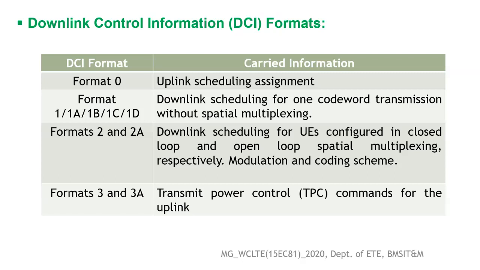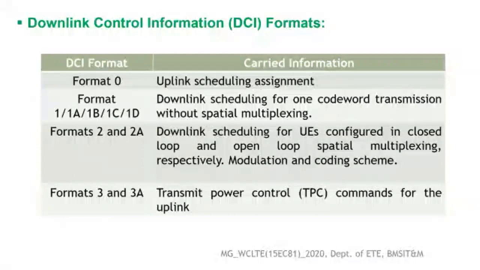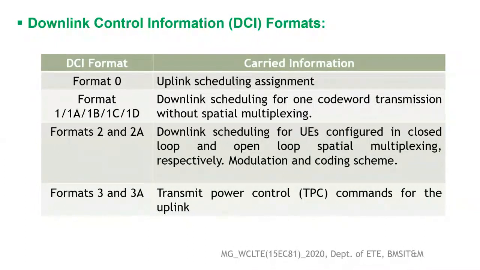Format 0 and format 3 and 3A are used for uplink: uplink scheduling assignment as well as transmit power control commands in the uplink. But the rest of the formats, 1, 1A, 1B, 1C, 1D, 2 and 2A, are used for downlink scheduling information, right? Downlink scheduling for one code word transmission without spatial multiplexing and with spatial multiplexing.